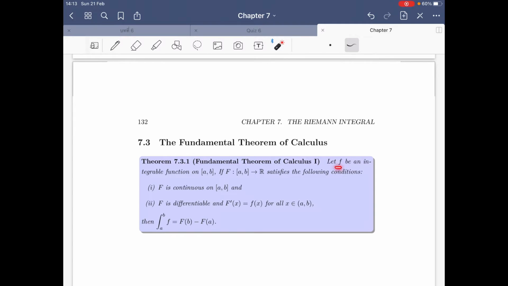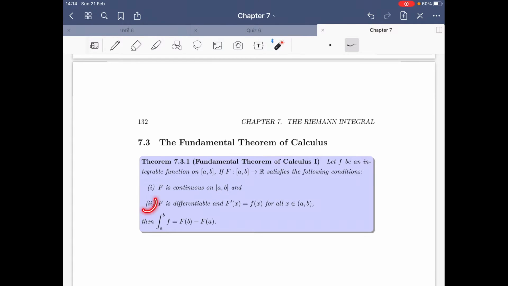if you have your function small f, which is integrable over the closed interval from a to b, and a capital F, also a function from the closed interval ab to the real numbers R, satisfy the following conditions. The first one is that f is continuous on the closed interval ab.